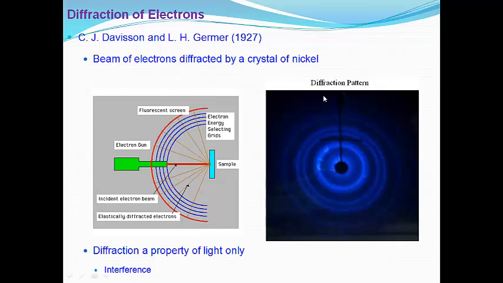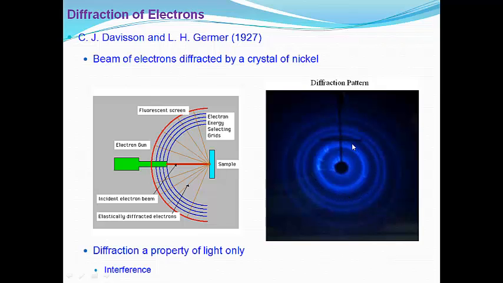And here is a depiction of the diffraction of electrons. The experiments were carried out by Davisson and Germer in 1927, and they basically directed a beam of electrons onto a nickel crystal, and the nickel crystal basically caused diffraction. And when the diffracted waves interacted, they underwent constructive interference, which resulted in bright bands, and destructive interference, which resulted in dark bands.